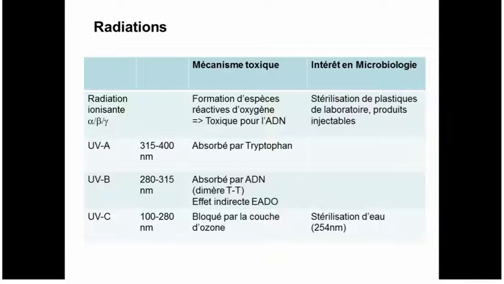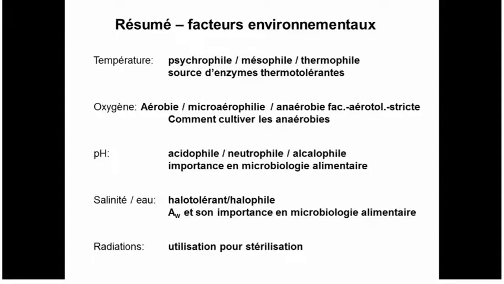Okay, so that's about it. The only things I need to talk about. So just to summarize all of this. For all of these environmental factors, temperature, oxygen, pH, salt, you have to have an idea of the definitions, be able to cite at least one bacterium, which is halophile, acidophile, anaerobe, facultative anaerobe.